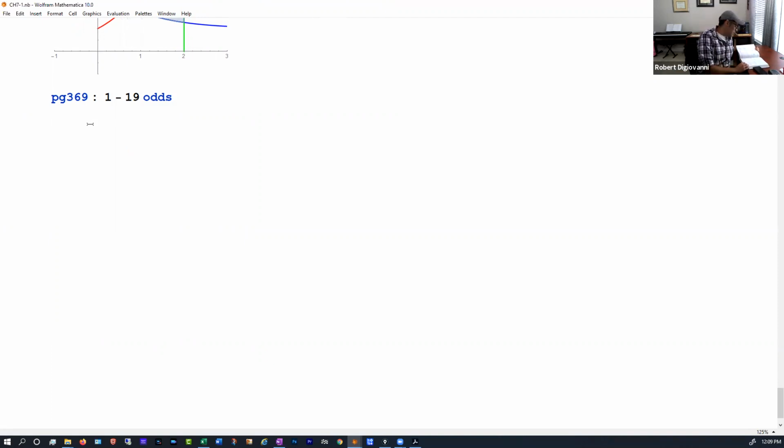I mean, if I were you, I would just do as many of those as you can, including the evens, just to get practice. I think the challenging part here is going to be graphing these things and knowing what they look like. So this is why having a graphing calculator is useful.